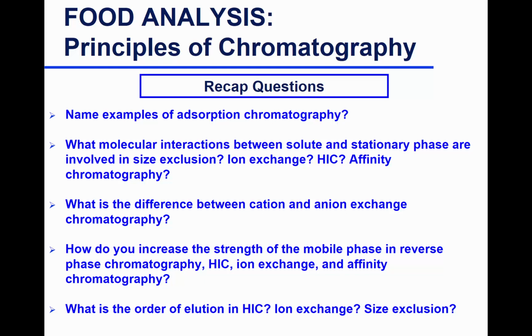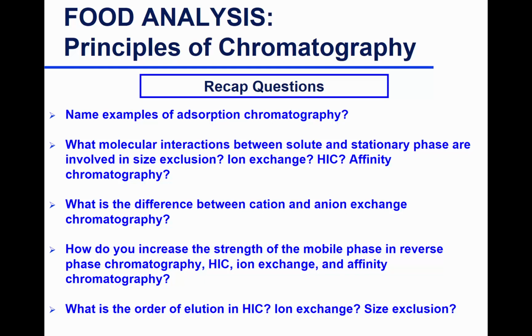What about in hydrophobic interaction chromatography? How would I increase the strength of my mobile phase? Remember, increasing the strength is making it stronger for the solute to interact with it, rather than interacting with the column. In HIC, remember that we precipitate the protein on the column by high salt concentration.